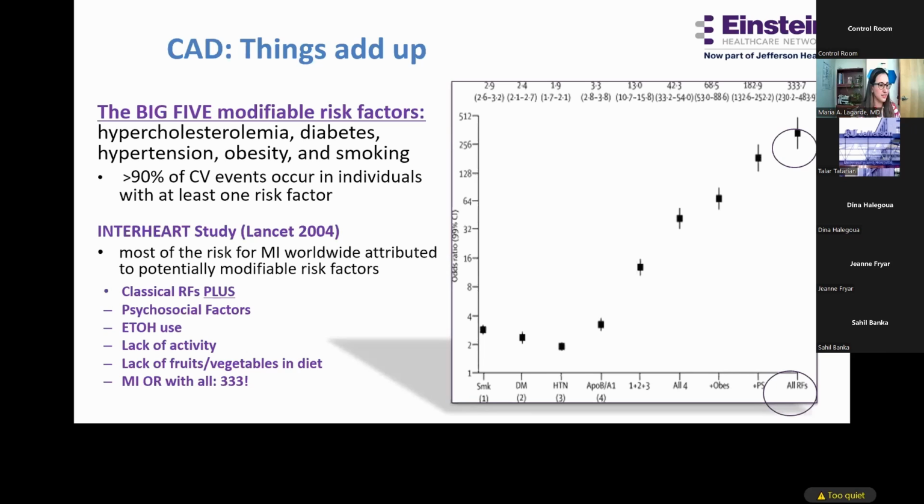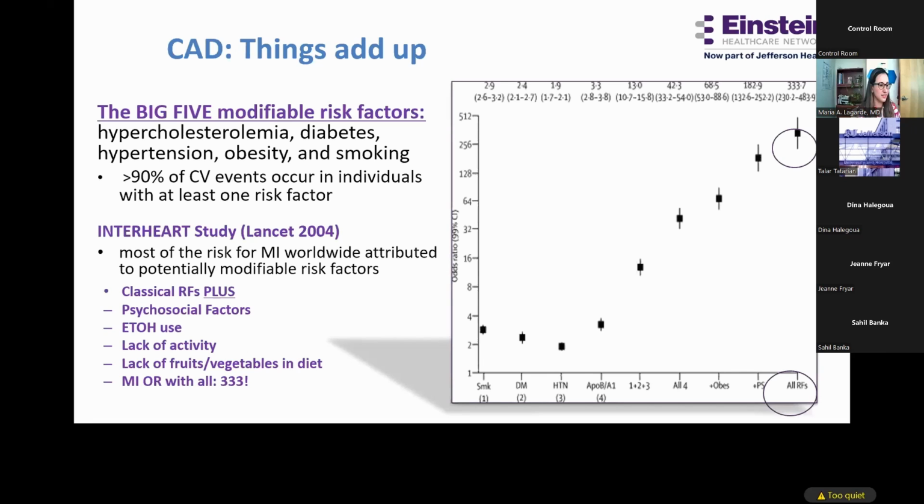And if you start adding those risk factors to some other ones, such as what they studied in this chart here, which is from the INTERHEART study, which was published in the Lancet in 2004. They looked at not only the big five, but also some other additional risk factors like stress, alcohol use, inactivity, which is a really big one, and lack of fruits and vegetables in your diet.